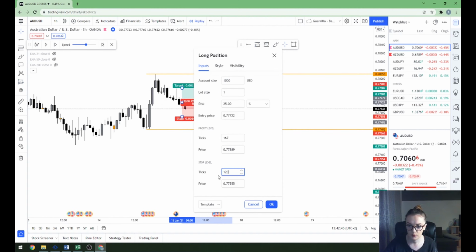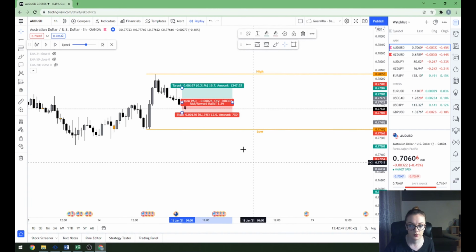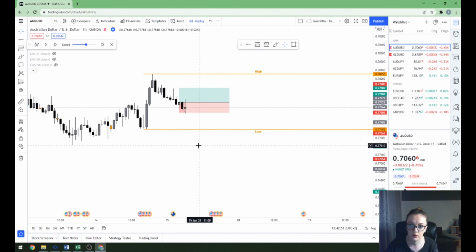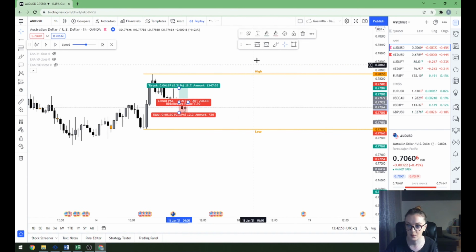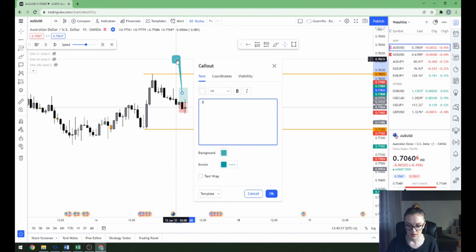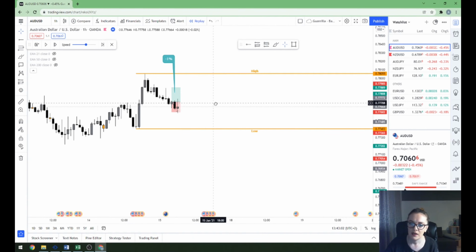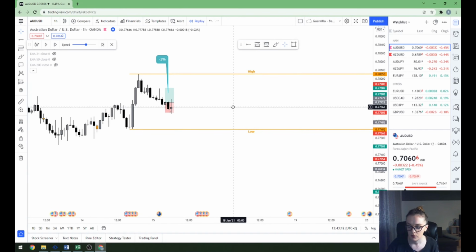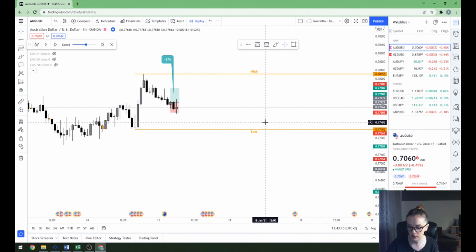The stop loss is 120 points. And let's see what will happen. Yes, we've got a -1% really quick. I told you I don't really like these kinds of bull flags that are so wide and go so deep back into the price. So let's go next.